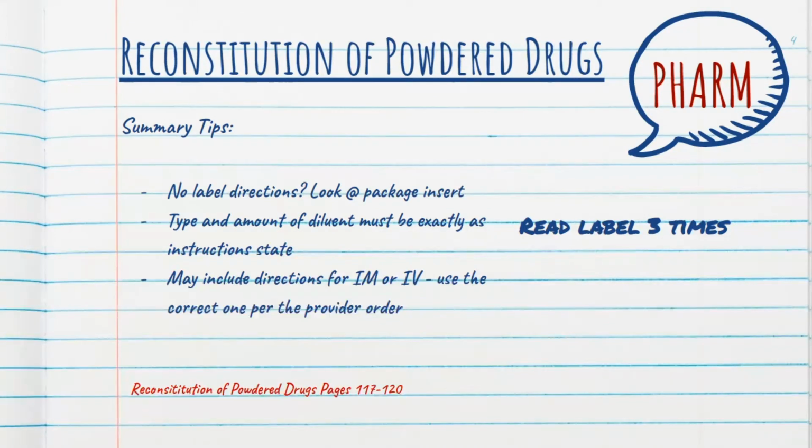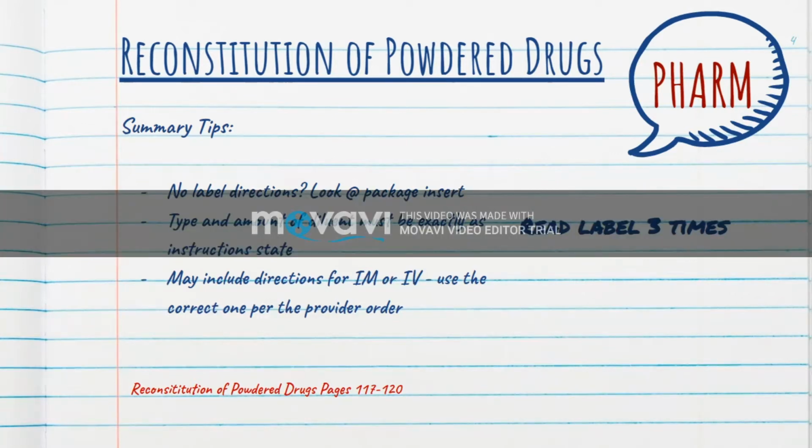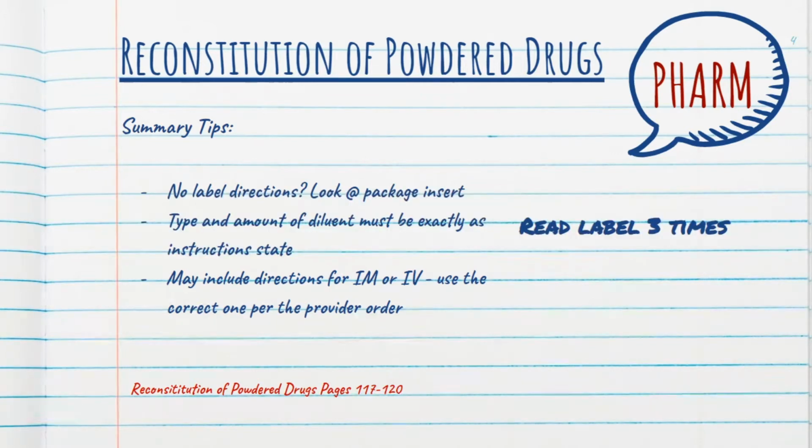For reconstitution, you're going to make sure that you look at the label directions. If there aren't any on the actual label, then look at the package insert, the huge folded piece of paper with really tiny Bible type on it. It will tell you somewhere on that how to reconstitute the medication.